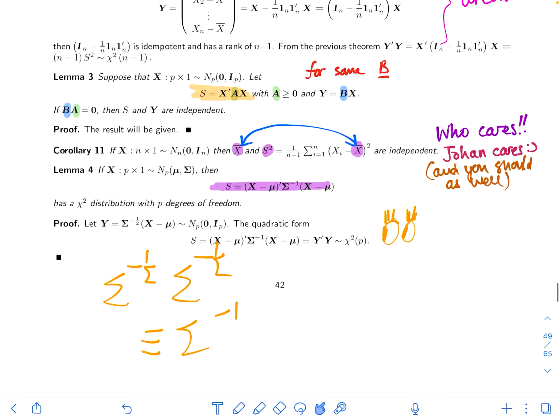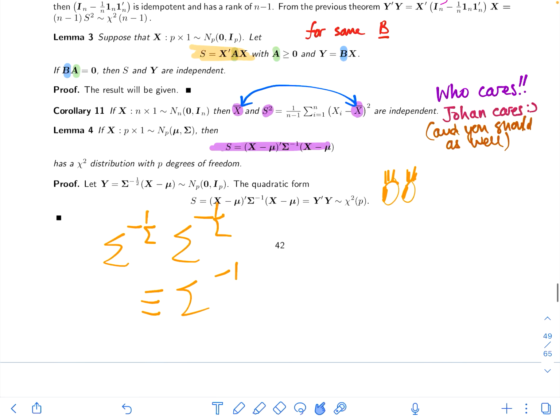But we reach a point in lemma 4 where we realize, okay, but hang on, we've built all this prior knowledge now through lemma 2, through corollary 10, through lemma 3, through corollary 11, that we now can identify what we've been having all this time in a very quick and painless fashion. So that is specifically why this is useful. We know how this S works.